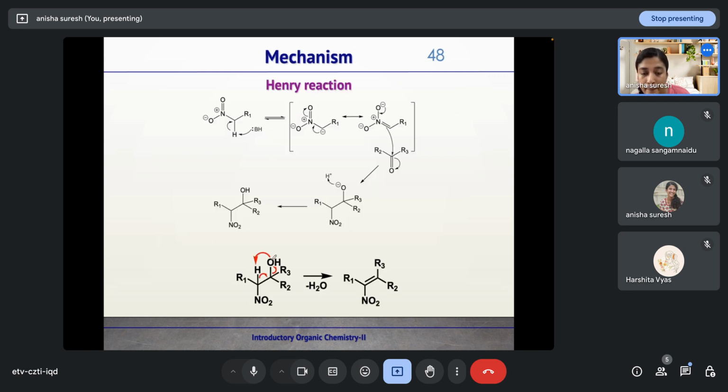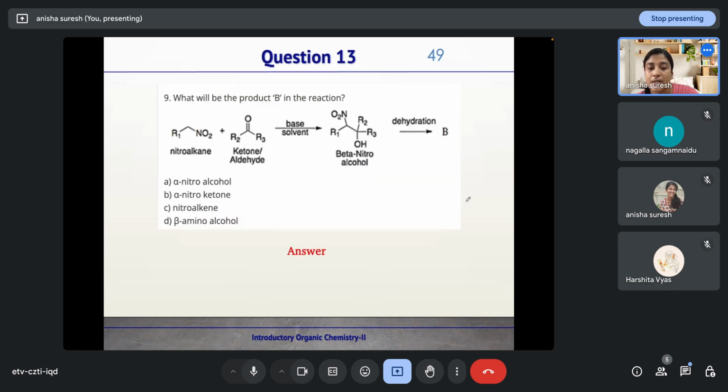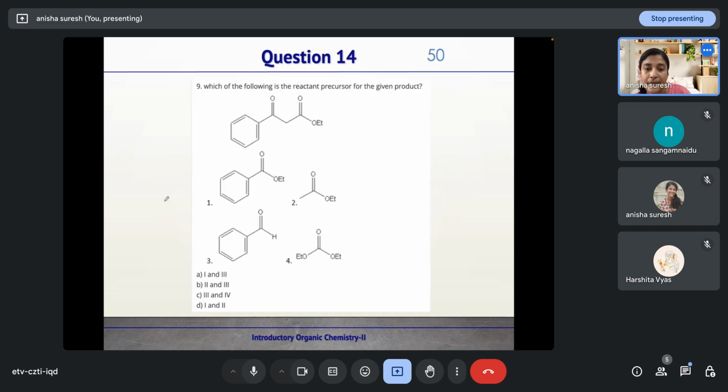Then it will undergo removal of water, leading to formation of this product, which is known as nitroalkene. Clear? Yes, ma'am. Okay. So the final product that is formed here is nitroalkene.